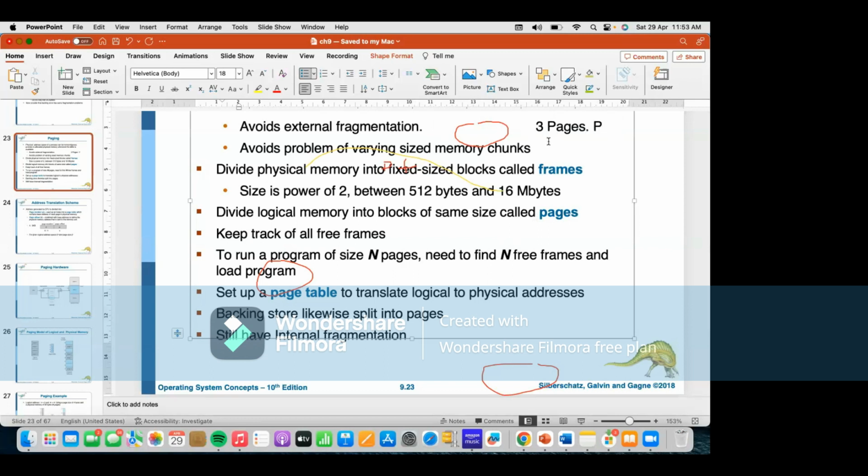Suppose this is P6. The page size and frame size are equal. Suppose the page is 4 KB, the frame is also 4 KB. So a 3-page program requires how many frames? Anyone? To run a program of size n pages, we need n free frames.